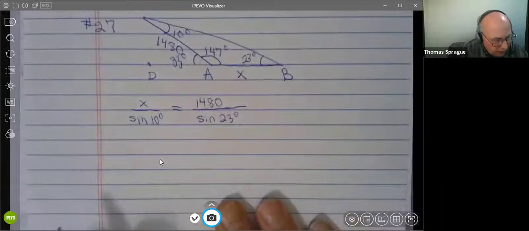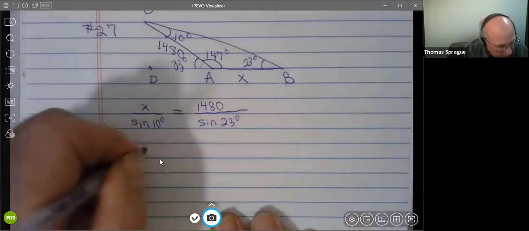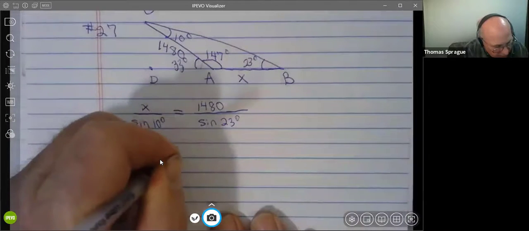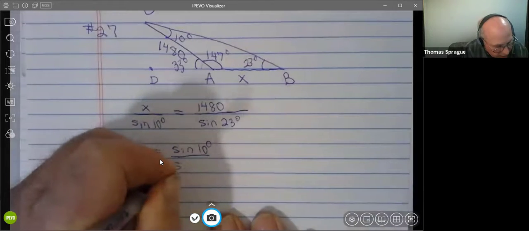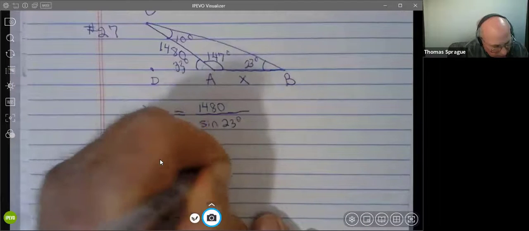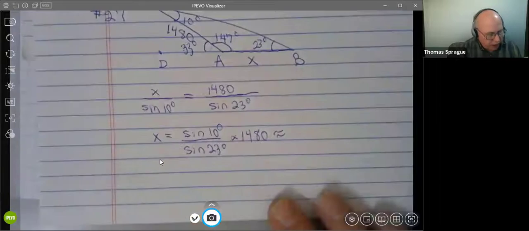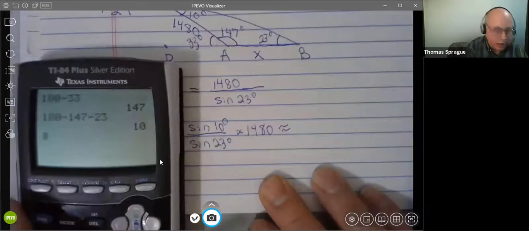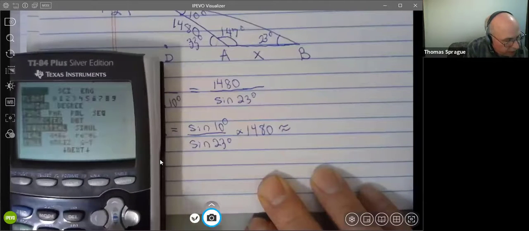And so we just multiply through by the sine of 10 degrees. And we get an approximation on our calculator. I've got to switch over to degree mode.